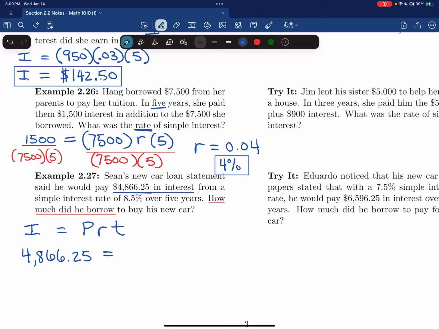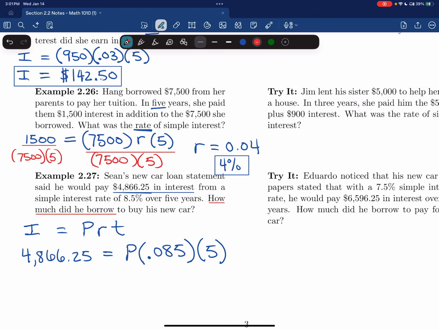And it's going to equal P times the interest rate of 8.5%, which we need to convert to a decimal. Moving the decimal place 2 places to the left gives me 0.085. And it's a loan for 5 years. So I then multiply it by 5. That replaced T.